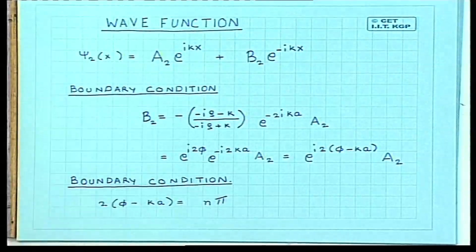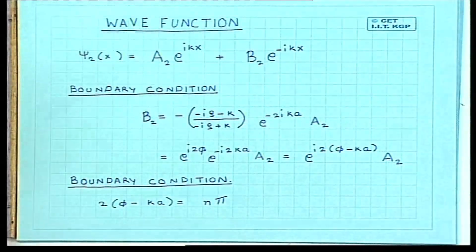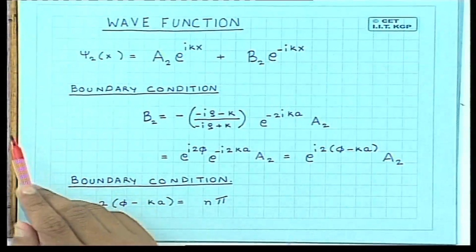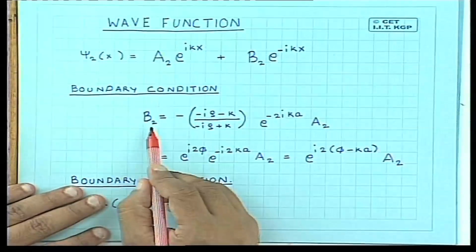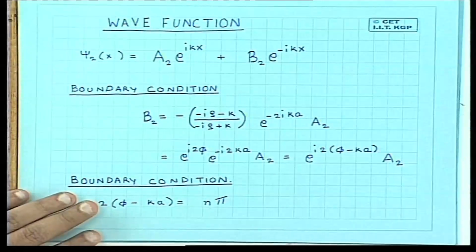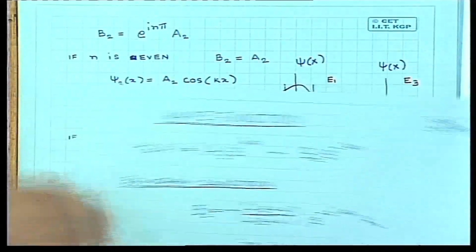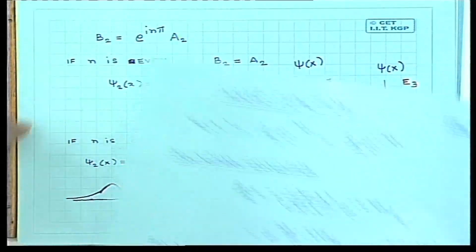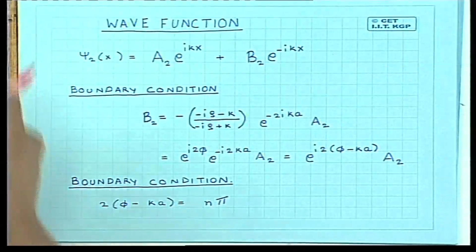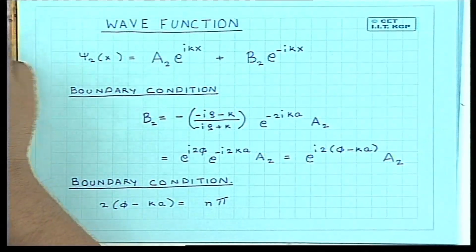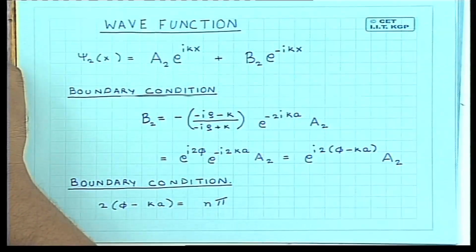which we again combined and simplified further. So the first condition over here gives us this relation between B2 and A2, which we can write in terms of the quantity phi which we had introduced earlier.